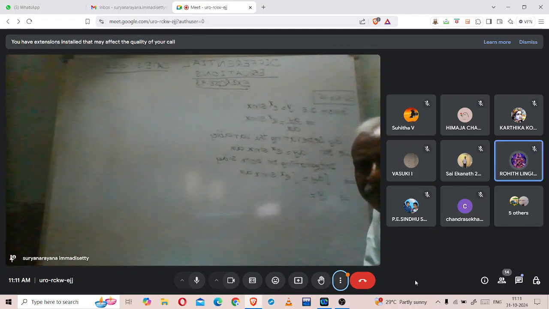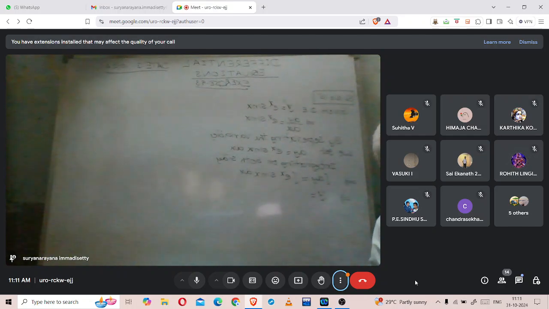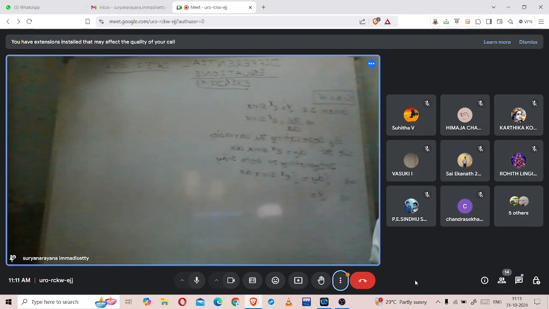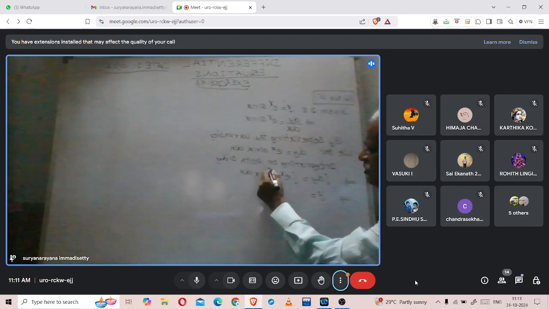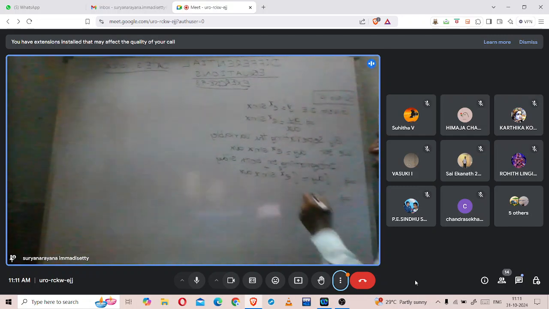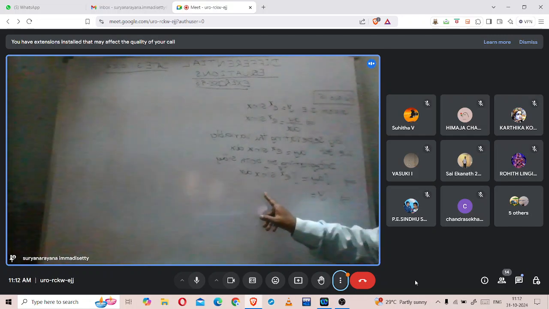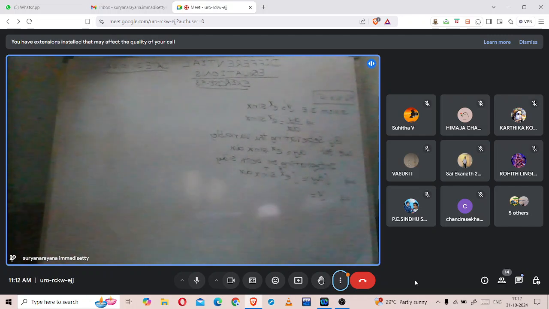By which method do you integrate it? Variable separable is completed. Here we use integration by parts. This is a trigonometric function and this is an exponential function. We integrate this function by using integration by parts.